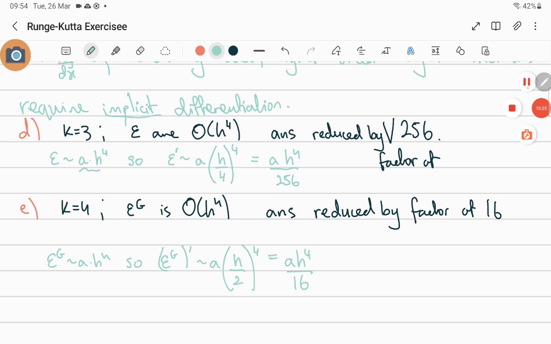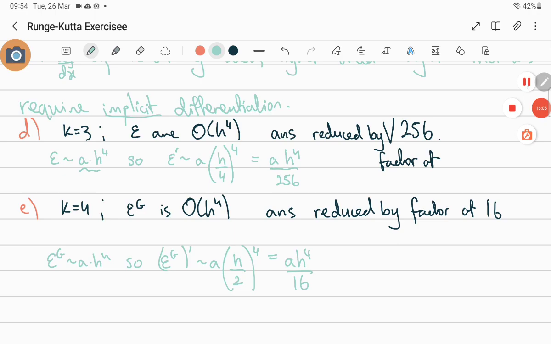To say that the local error is order h to the 4, you just write down something like this, and then you have to show that the global error is order h cubed. Well, just run through all of this except with h to the 4s initially and then h cubed. We've seen this loads of times. I really don't think it's necessary to go down again.